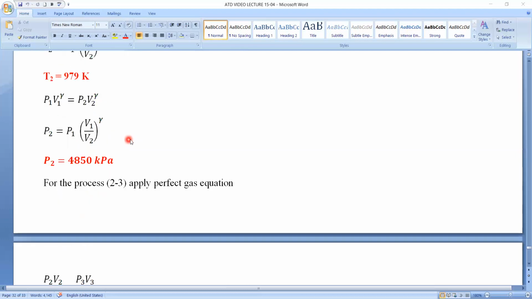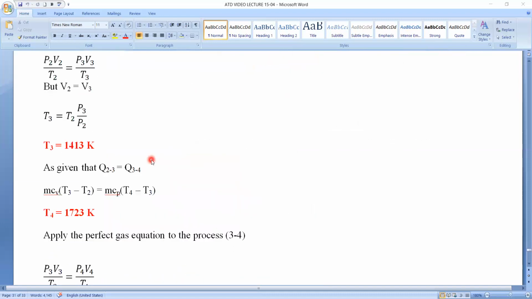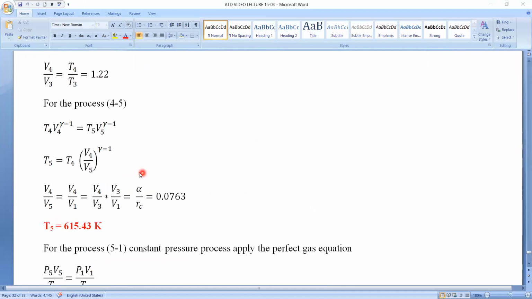As I said, in the constant pressure heat addition process, the volume at the end divided by the volume at the beginning of the constant pressure process, this ratio V4 by V3, is known as the cutoff ratio, designated by alpha. So you got V4 by V3 or T4 by T3 equals 1.22.